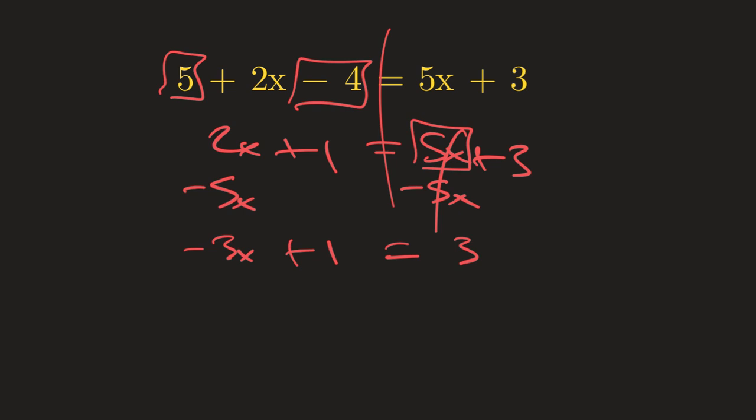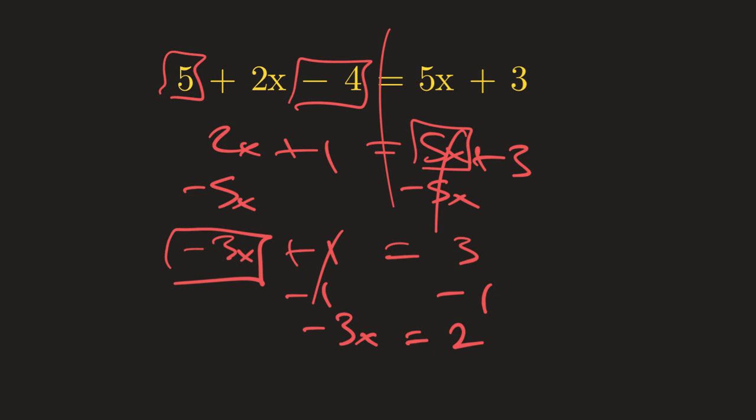Who's leaving next? How's it moving? Yes, let's subtract 1. Isolate the variable term. We moved all of our x's to the left. There's our variable term, negative 3x.